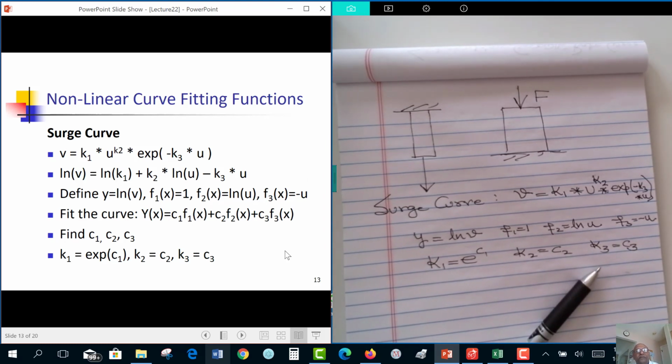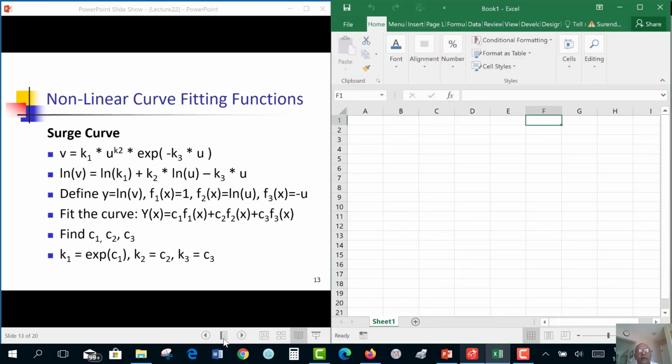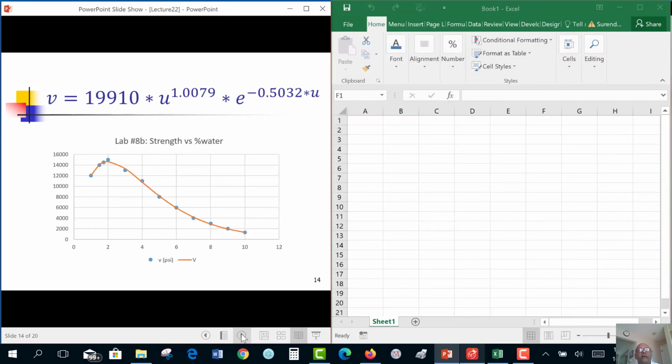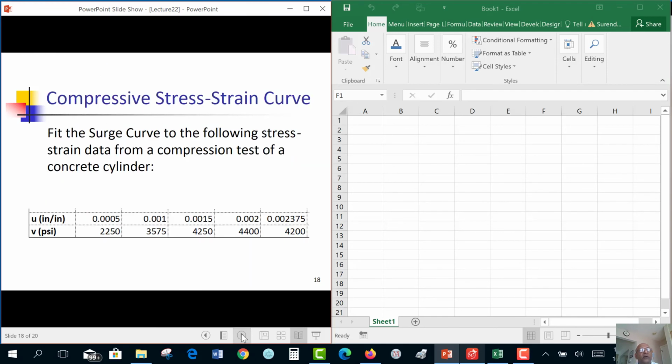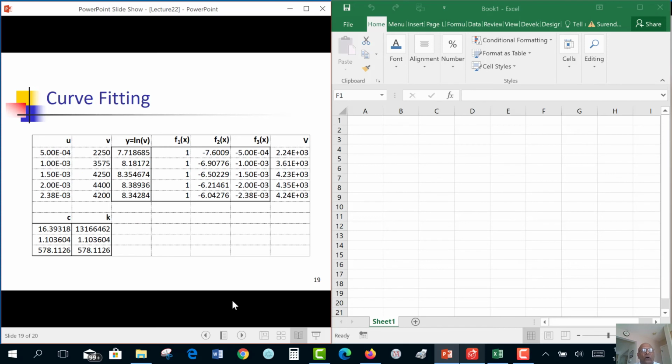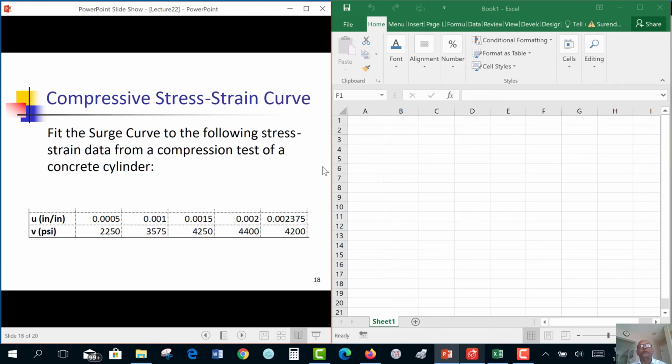All right. So let me fire up Excel. And again, we are not going to be concerned about all our formatting and all that.